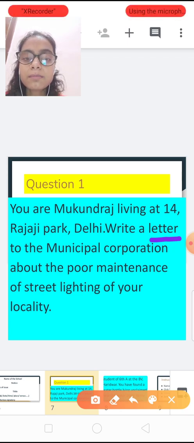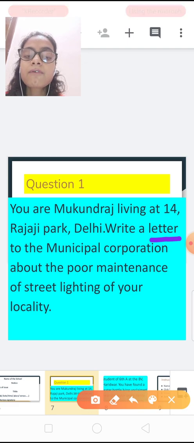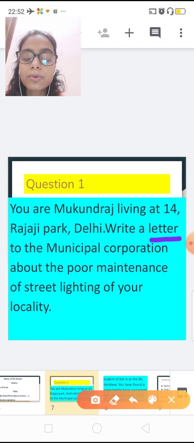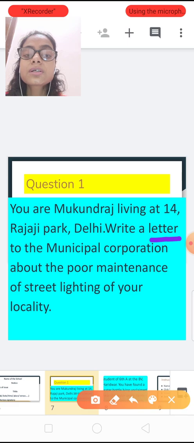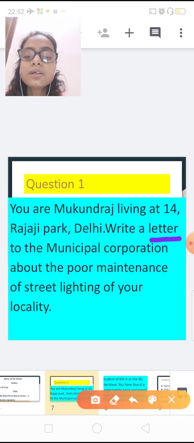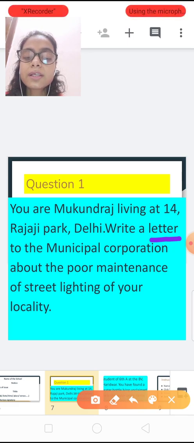So for the first assignment, you have to write a formal letter to the municipal corporation as Mukund Raj living in Rajaji Park, Delhi. And what is the subject here? Poor maintenance of street lighting.